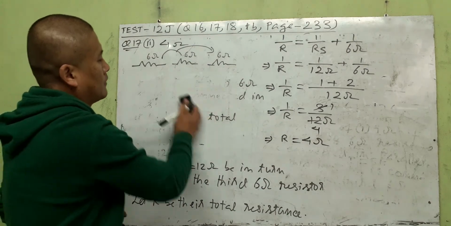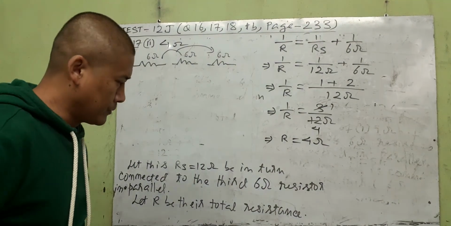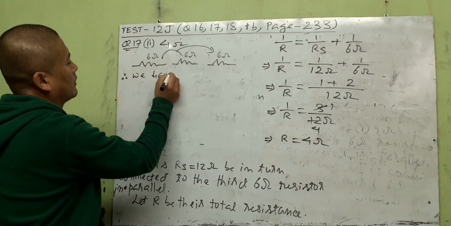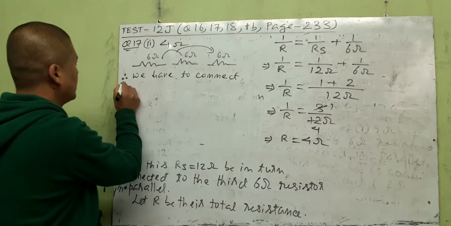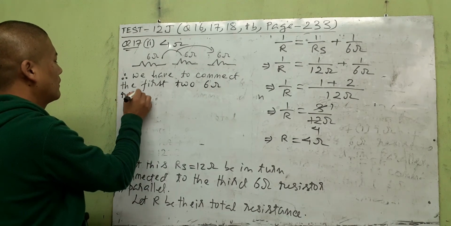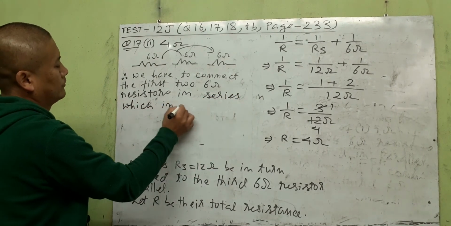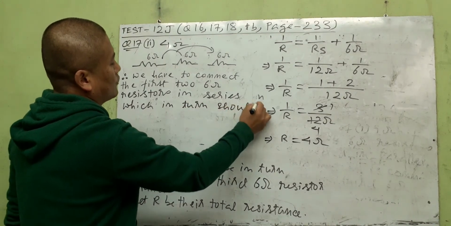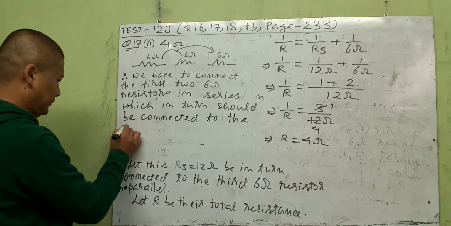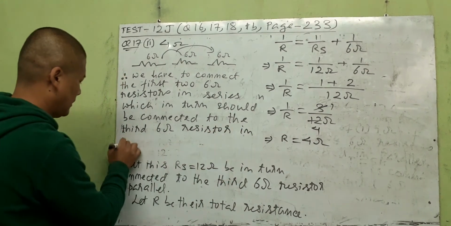Therefore, you can write it short now. To get this 4 ohm, we have to connect the first two 6 ohm resistors in series, which in turn should be connected to the third 6 ohm resistor in parallel.